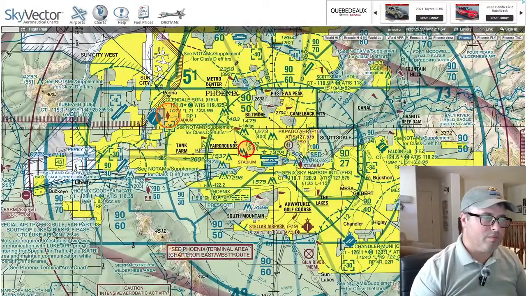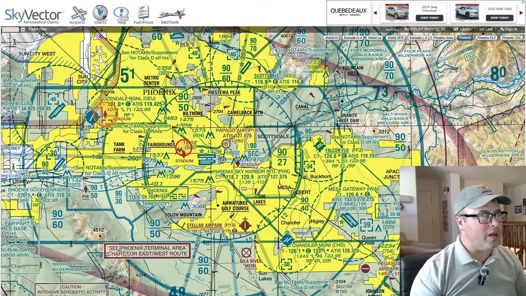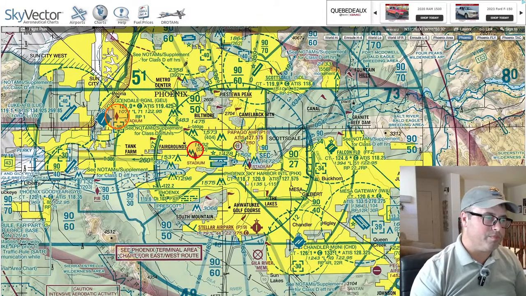So this is one of those upside down wedding cakes, and this one looks particularly weird. Here are these three runways going east-west at Sky Harbor.